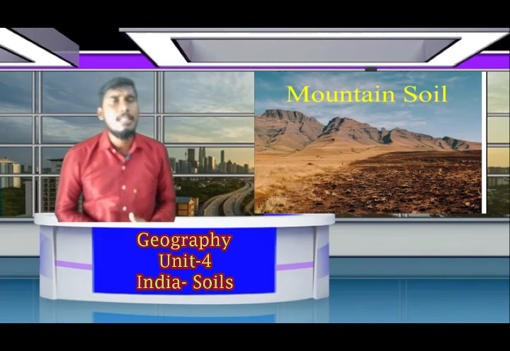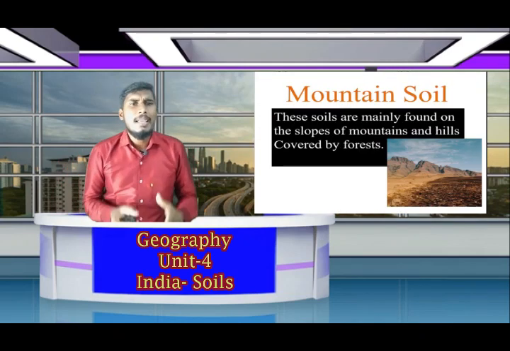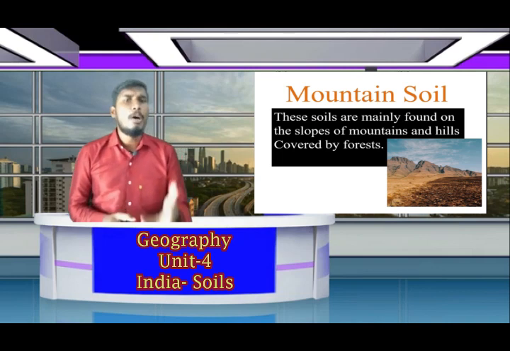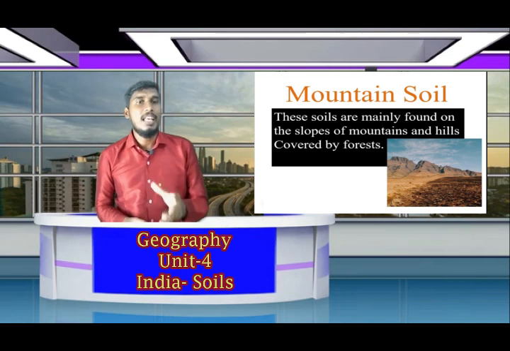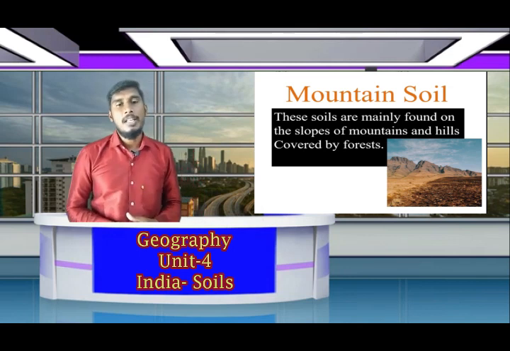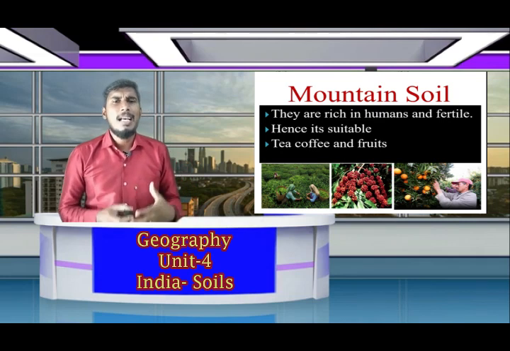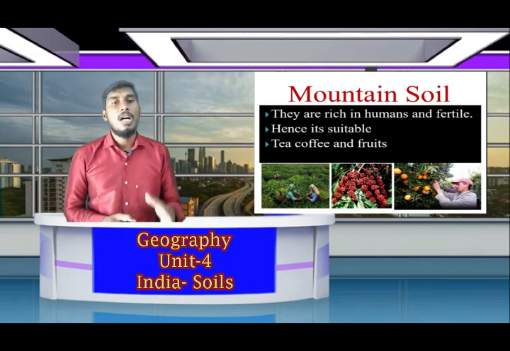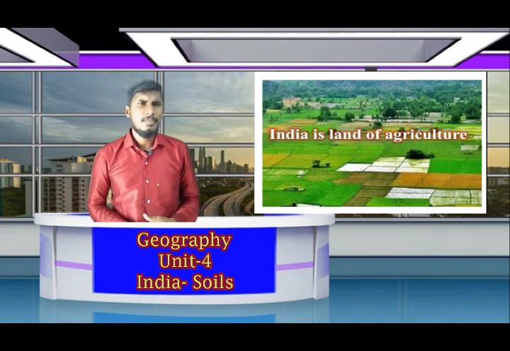And the last one is mountain soils. The mountain soils are mainly found on the slope of mountains and hill covered forest. They are rich in humus and fertile, hence it is suitable for tea, coffee and fruit cultivations.